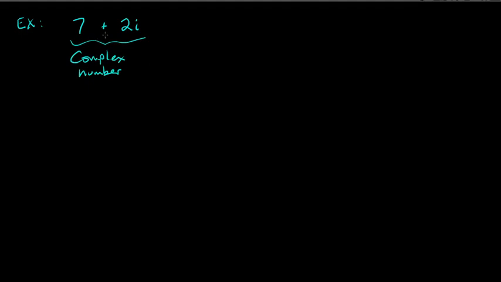So a complex number is built from a real number, the 7, and the imaginary number, the 2i. So in general, your complex numbers look like this. You have a plus b times i. Okay, a is the real part, and the bi, that's the imaginary part.